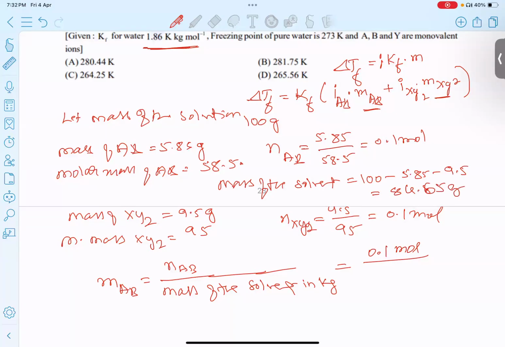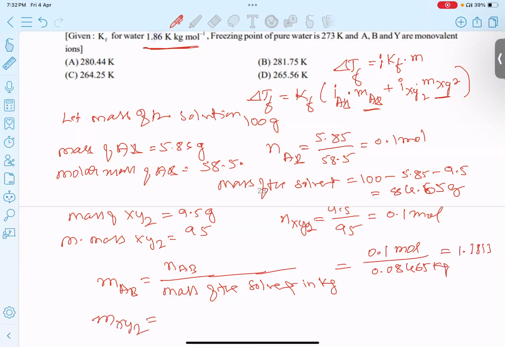The mass of the solvent in kg is 0.08465 kg. The molality of AB is 1.1813 mole per kg.